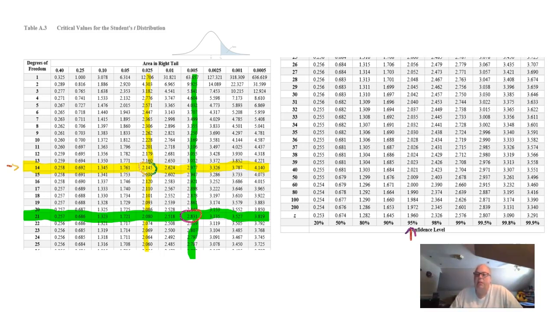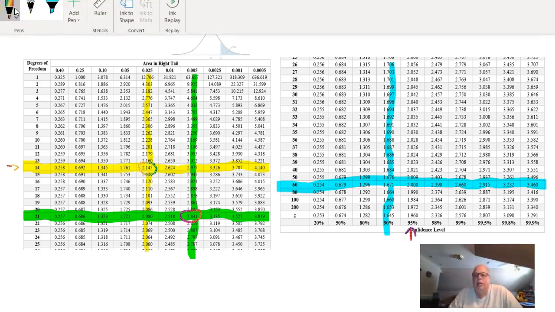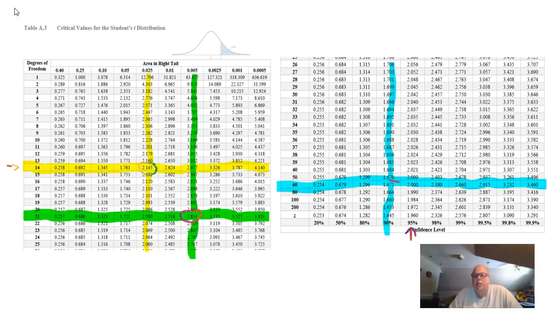I do not have a line 62. Well, your book says if you don't have it, go backwards to the next lowest one. So we're going to be using line 60. The 90% column is right here, and our t sub alpha over 2, our t value, is 1.671.